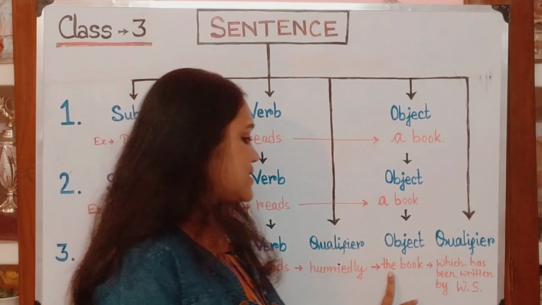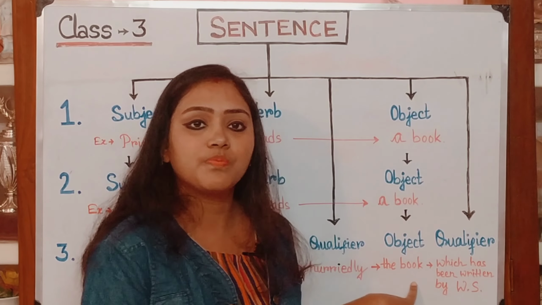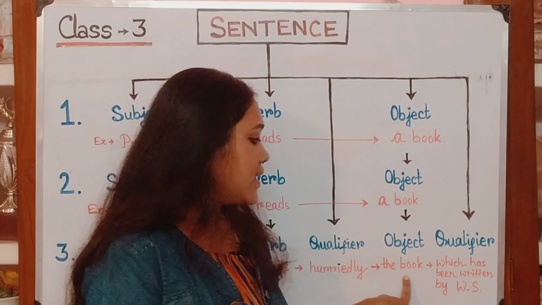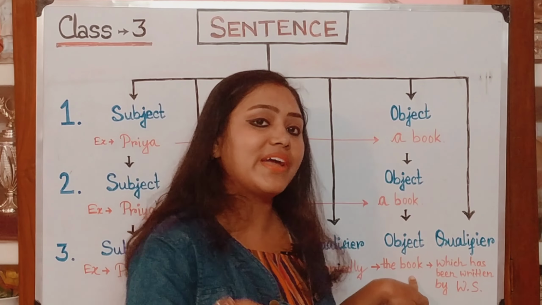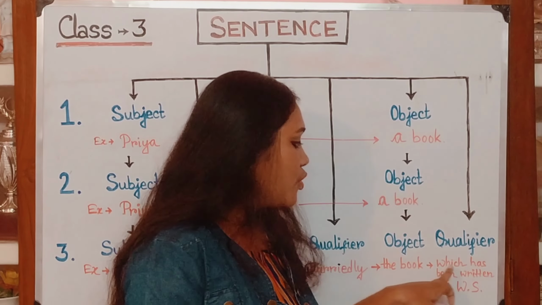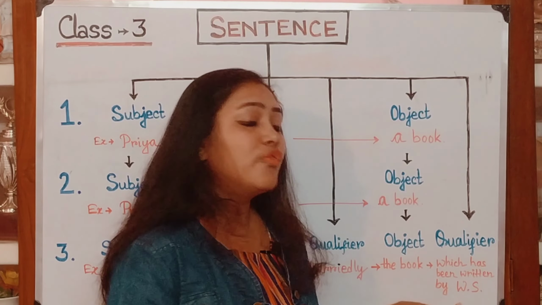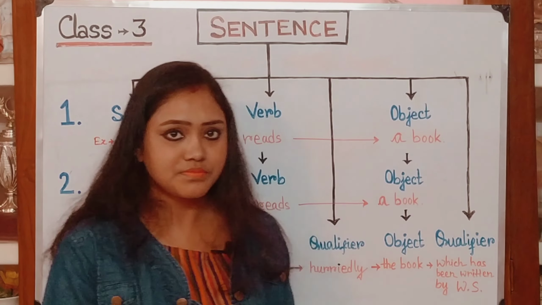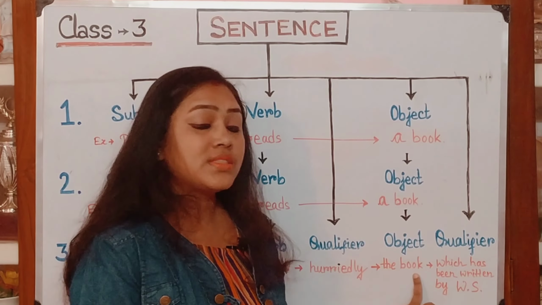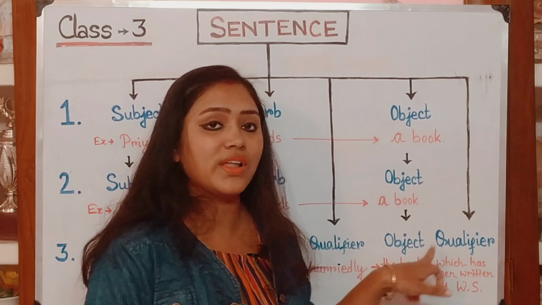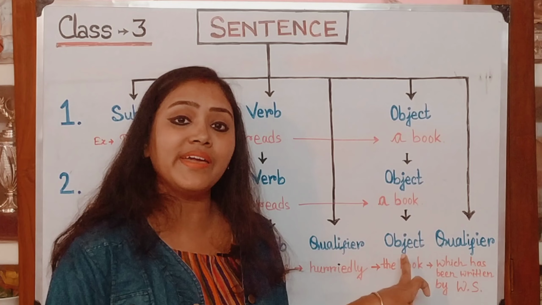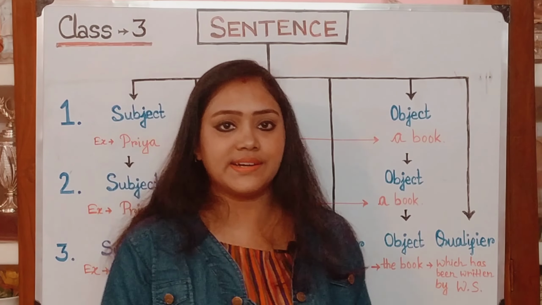Next, the object is the book. Clear? So the book is the object of this sentence, and this is being qualified again. The book which has been written by William Shakespeare. So the book is written by who? William Shakespeare. So here is another qualifier. This qualifier is qualifying the object of the sentence.